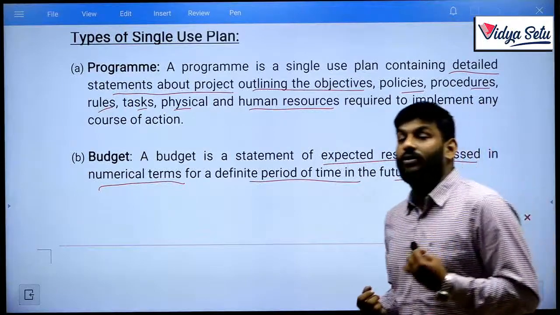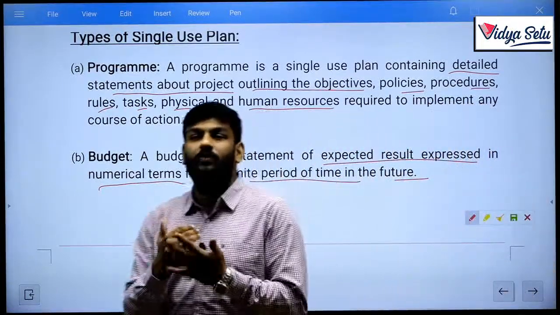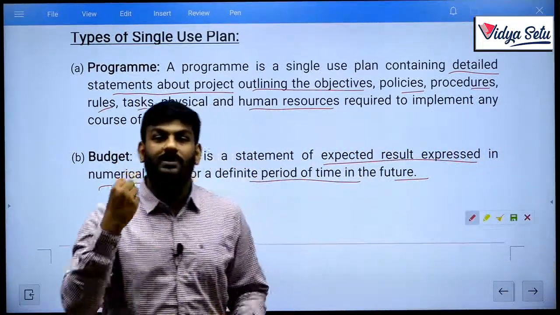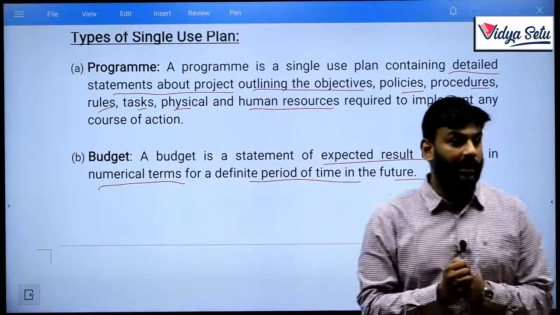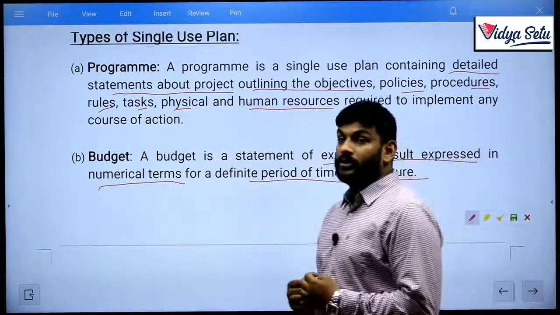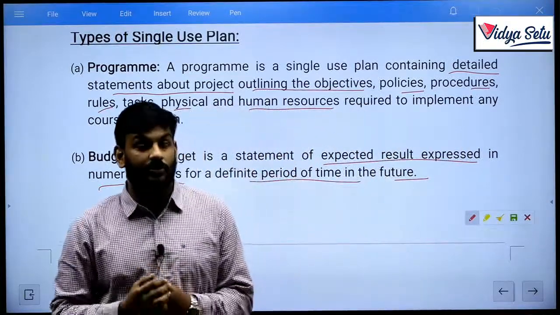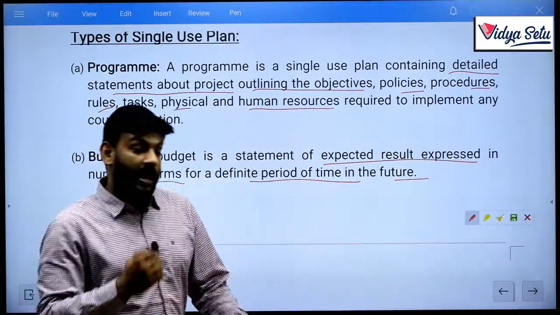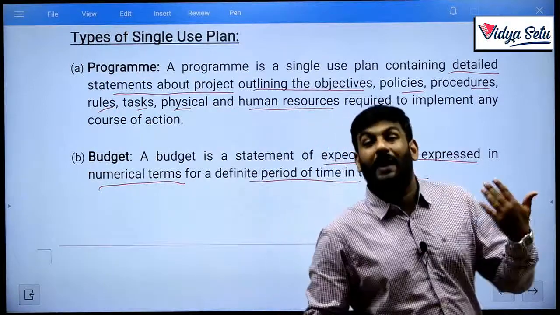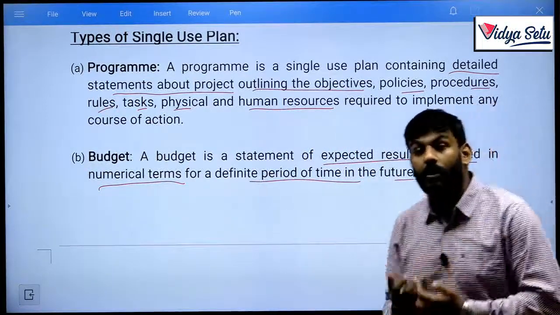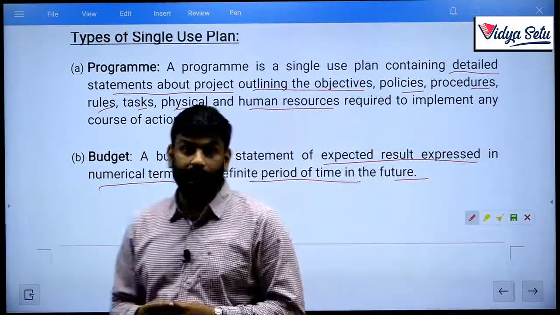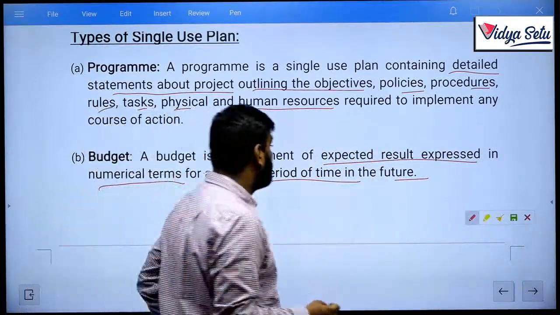So budgets are made for a particular future purpose, as in what kind of resources we need to utilize. But the program is about how we can use and manage the resources, as well as what policies and plans should be made to achieve our organizational objectives. Clear?